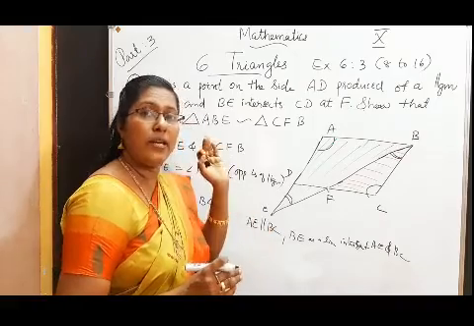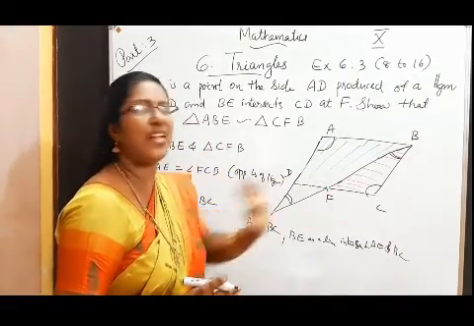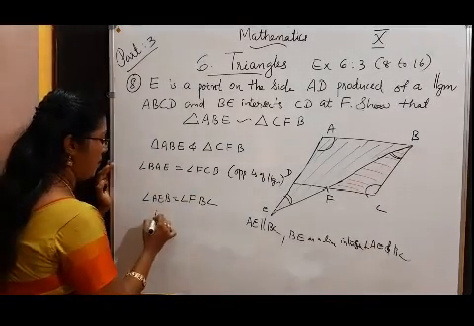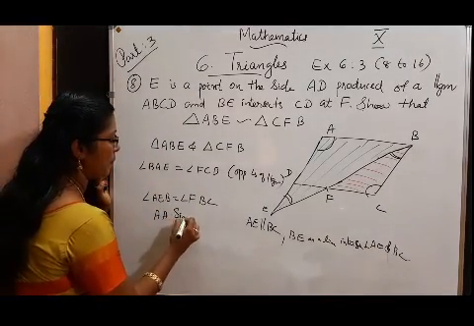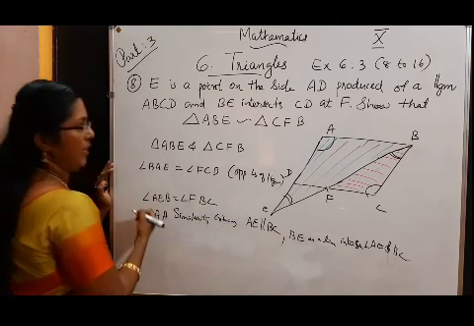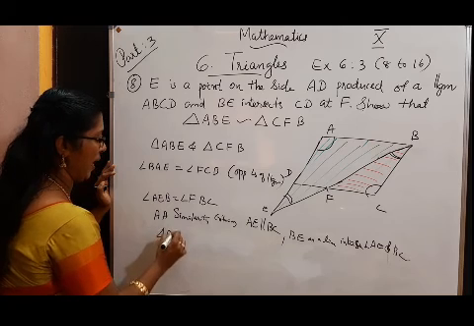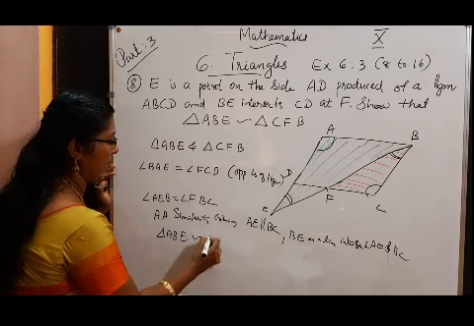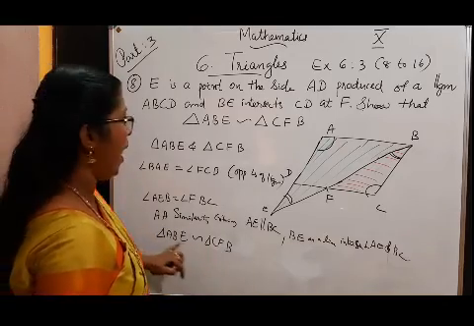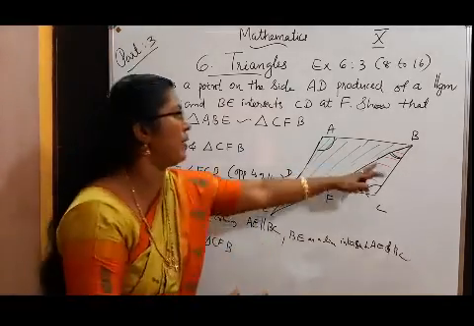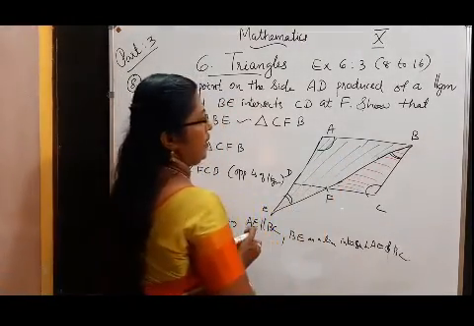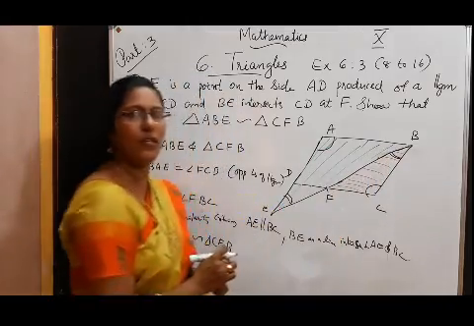So by the AA similarity criterion, these two triangles are similar, and we can conclude triangle ABE is similar to triangle CFB. Here A and C are equal, E and B are equal, and the remaining angles B and F are also equal.